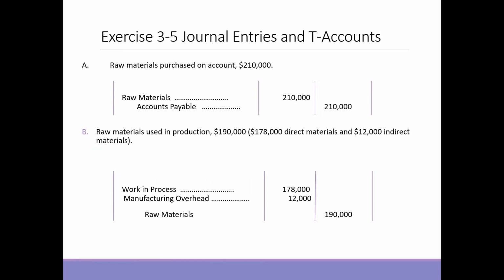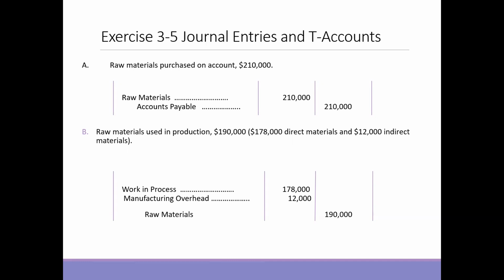Raw materials used in production, the 178,000 will go right into work in process, but those indirect materials are going to go into manufacturing overhead, 12,000. And we credit the raw materials inventory account for 190.